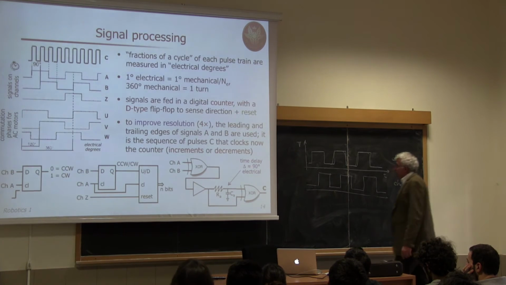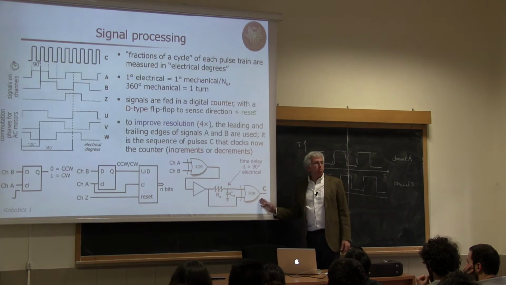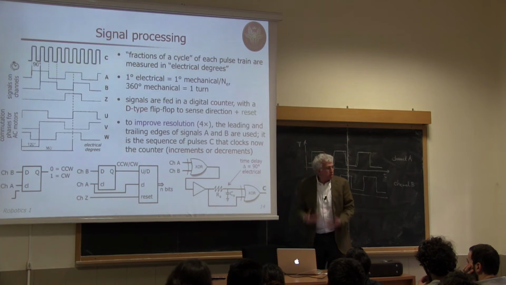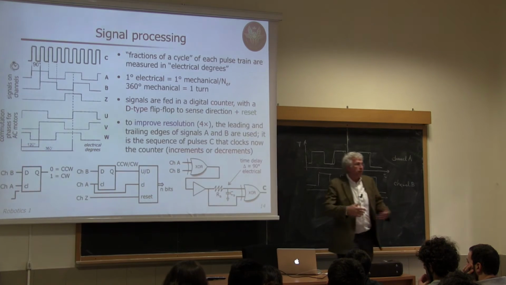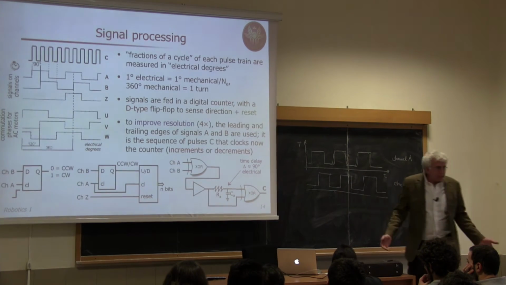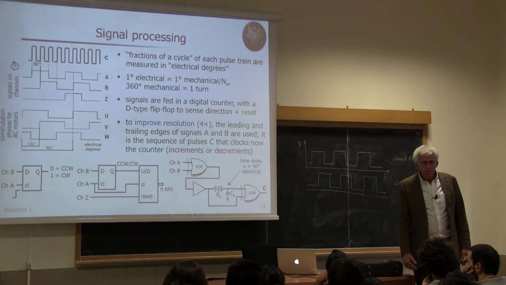Okay? Now one may wonder, why do I stop here? I can do this over and over. So instead of having a factor of 4, I may have a factor of 8, a factor of 16. What is the limit of this operation? Any idea?